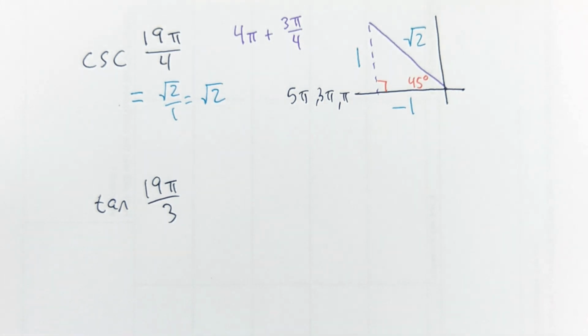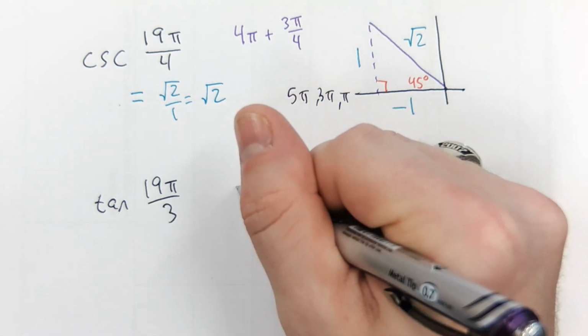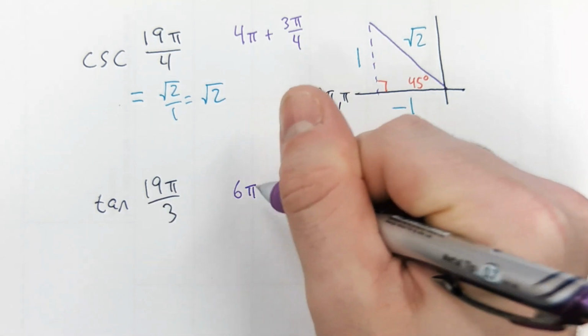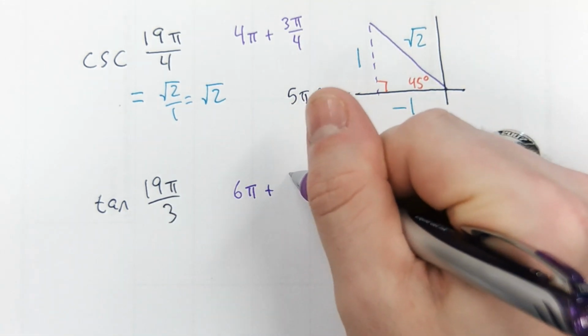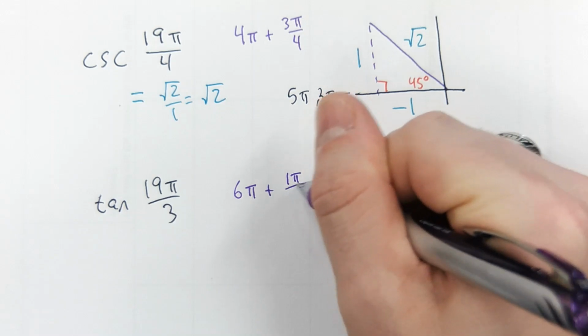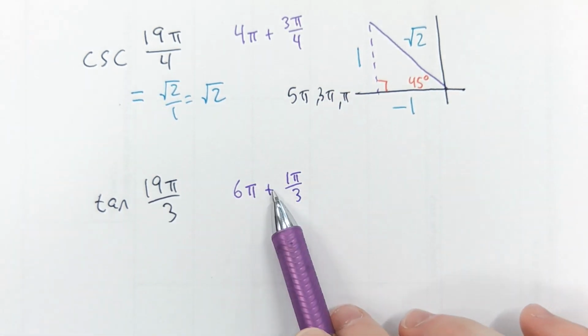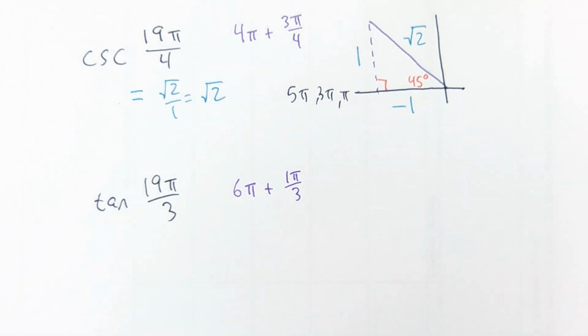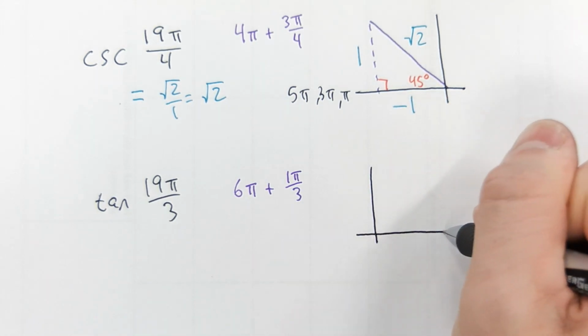And I would say 19 divided by 3 is 6. 6 times 3 is 18, so there's going to be a remainder of 1. 1 more pi over 3. This is literally a pi over 3 after 6 pi, and 6 pi is the positive x-axis. This is quadrant 1.